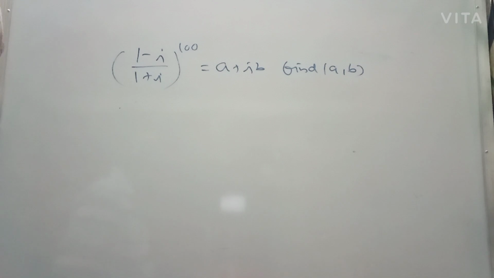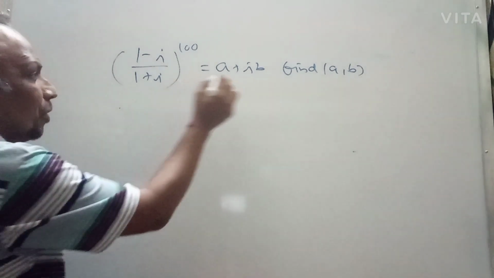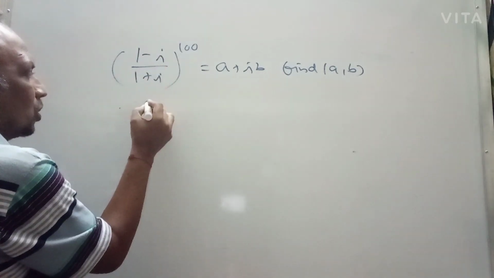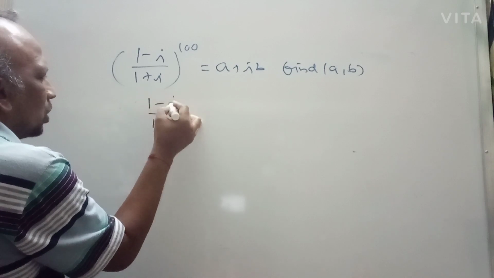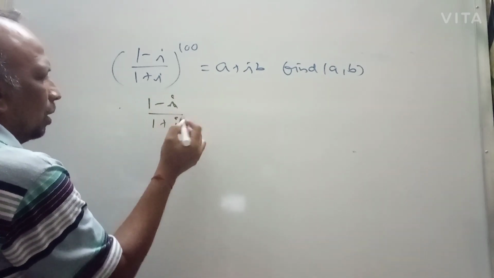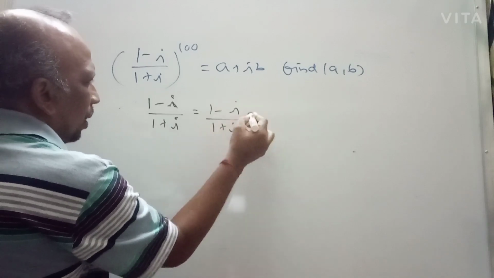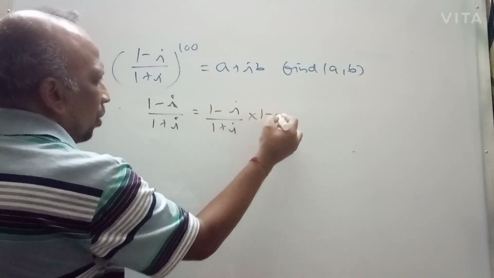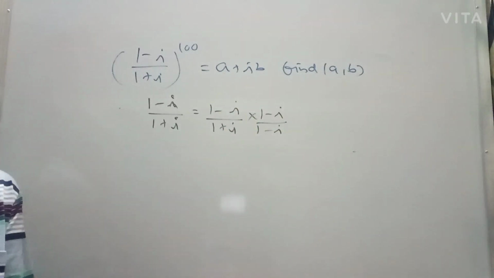Now you can check here, in this problem, you can observe they have given it like this. Now again you can rationalize this 1 minus i by 1 plus i. If I rationalize this, 1 minus i by 1 plus i into the rationalizing factor 1 minus i by 1 minus i, you simplify this. Correct.